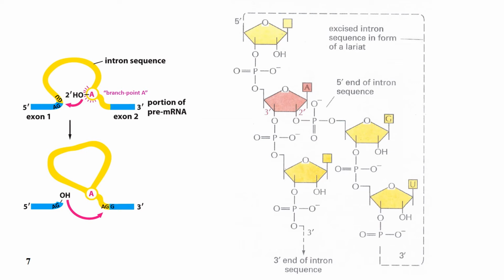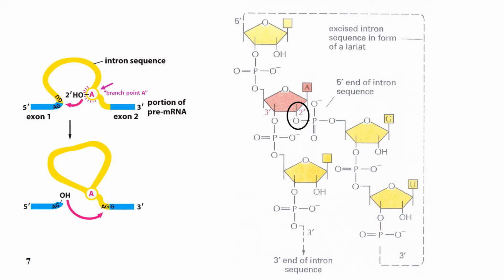In step 1, that first transesterification reaction, the branch point A, shown in red, will interact with the 5' end of that G nucleotide of the intron, and it will do that using its 2' hydroxyl group.